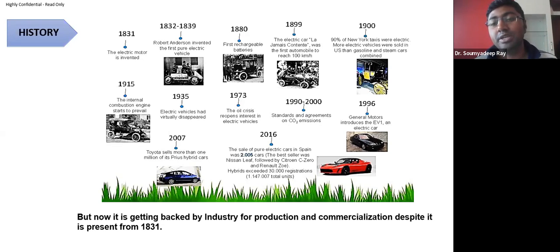It has existed in our society for almost 200 years. What is the meaning of this? There were definitely some challenges which could not be solved at that time, because the equipment and resources were not there. Slowly and steadily, research progressed.